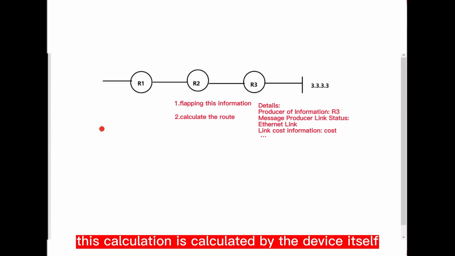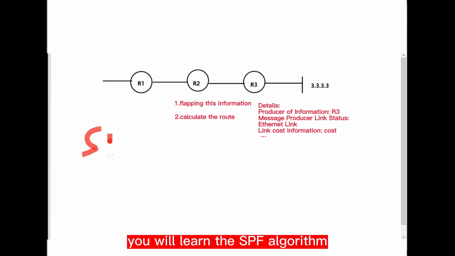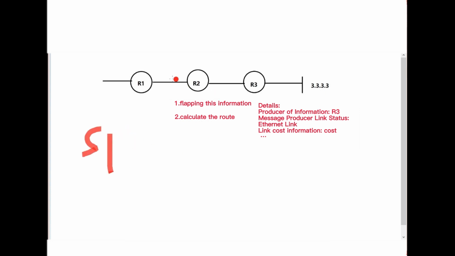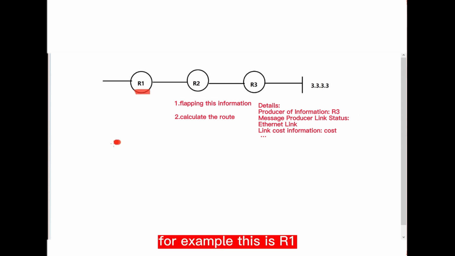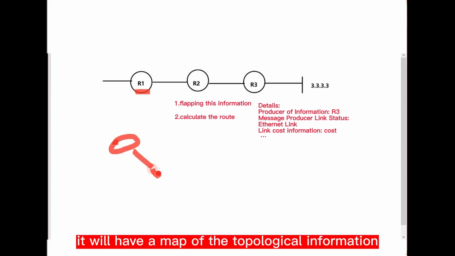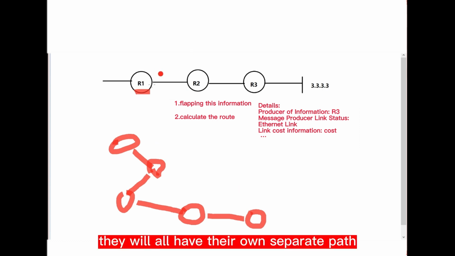Only then will the calculation of the route be carried out, and it is calculated by the device itself. Please pay attention, it's not the same as RIP. In the future, when you reach the NP stage, you will learn the SPF algorithm. Every node in OSPF, for example R1, will have a map of the topological information about the overall network. You can understand it as each having its own separate path to all places on the whole network.